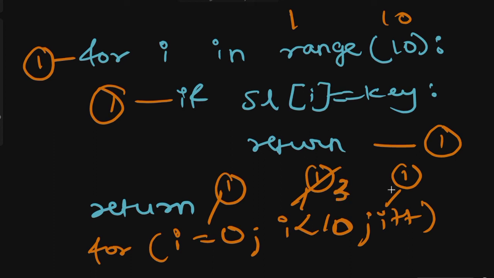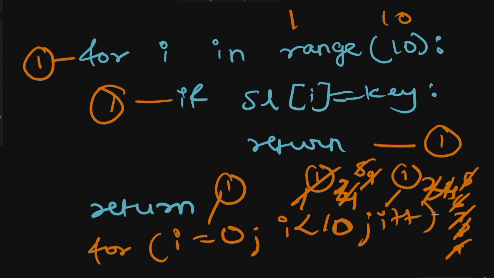We will do the third check, then the fourth, fifth, sixth, seventh, eighth, then ninth. When we get 9, 9 is less than 10, yes, then again i plus plus increments and we get 10. Now we check whether 10 is less than 10 or not, so this would return false and we will exit.